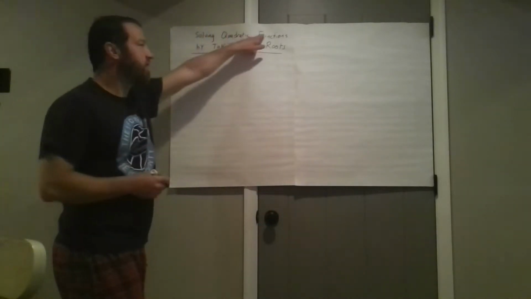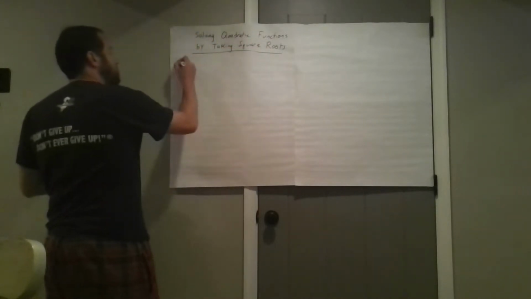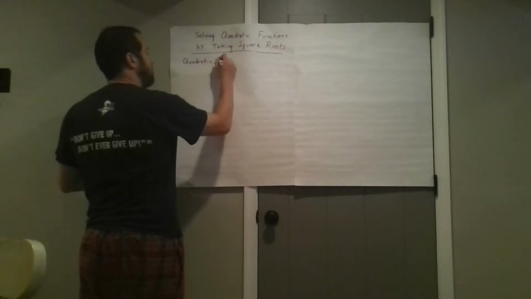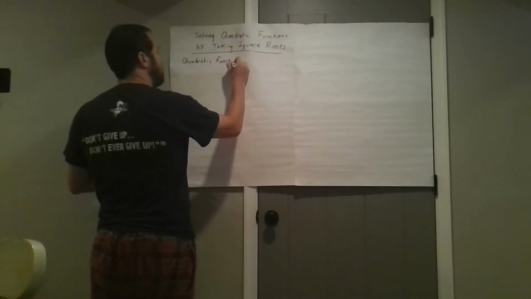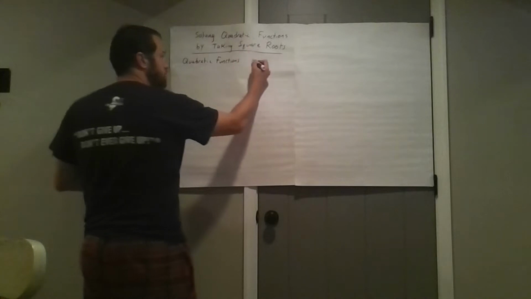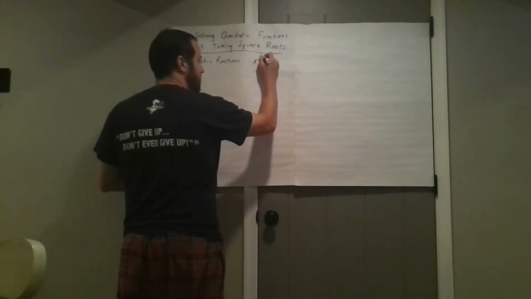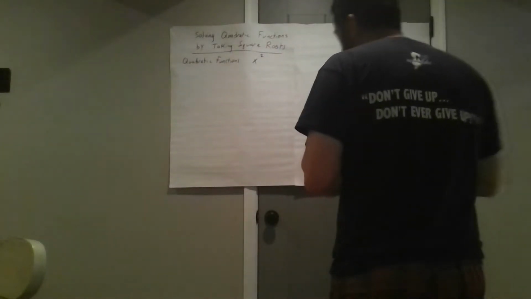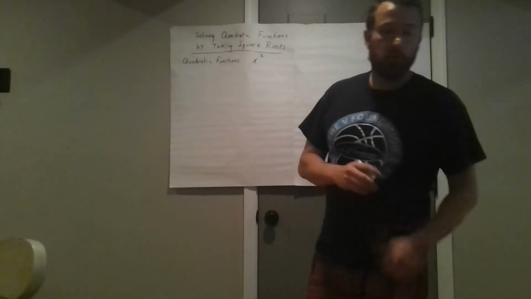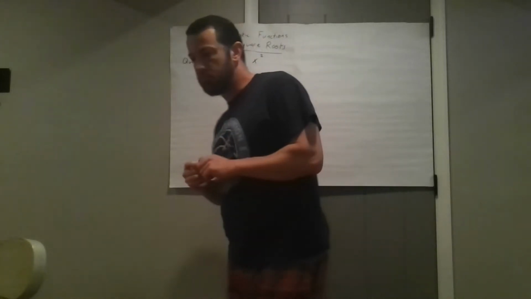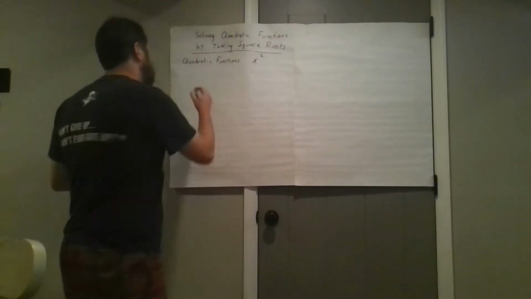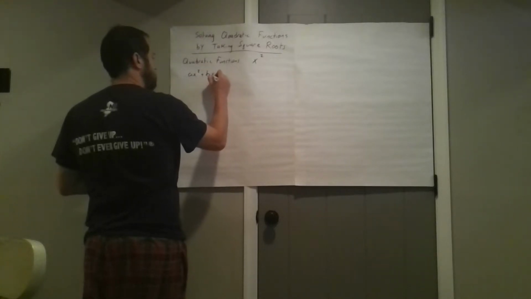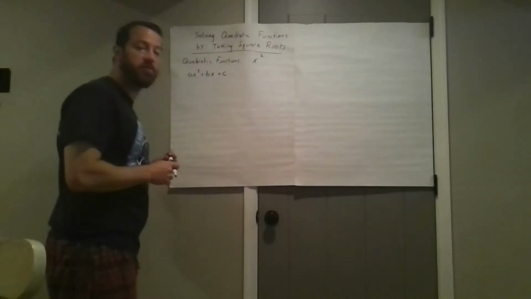So, quadratic functions, if you recall, are functions that have a variable squared. And you might remember that quadratic functions are generally in the form ax squared plus bx plus c.